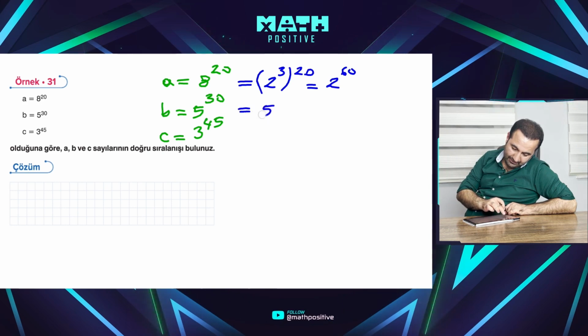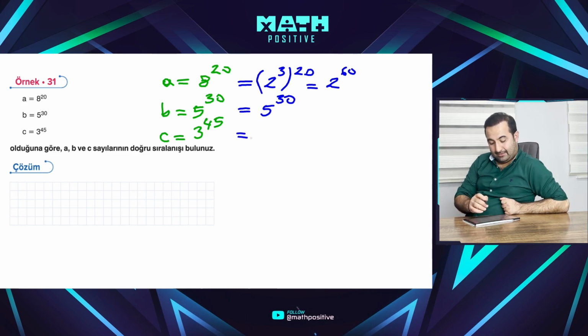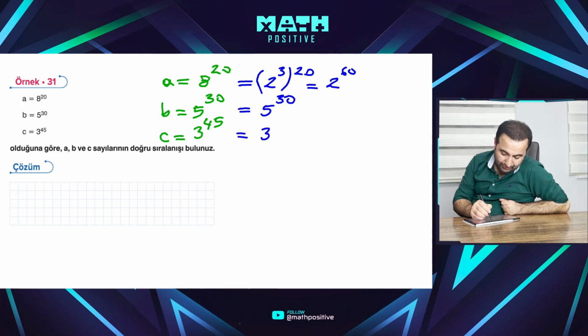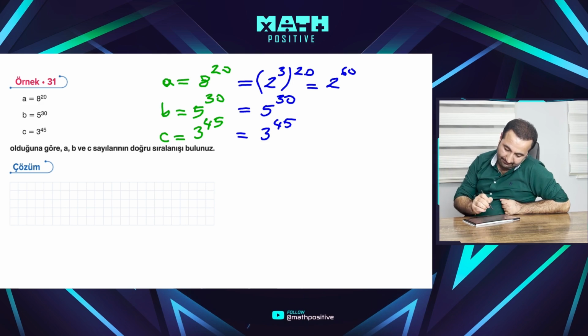Let's just write 8 as 2 to the power 3, to the power 20, which is 2 to the power 60. B is already 5 to the power 30, and C is already 3 to the power 45.